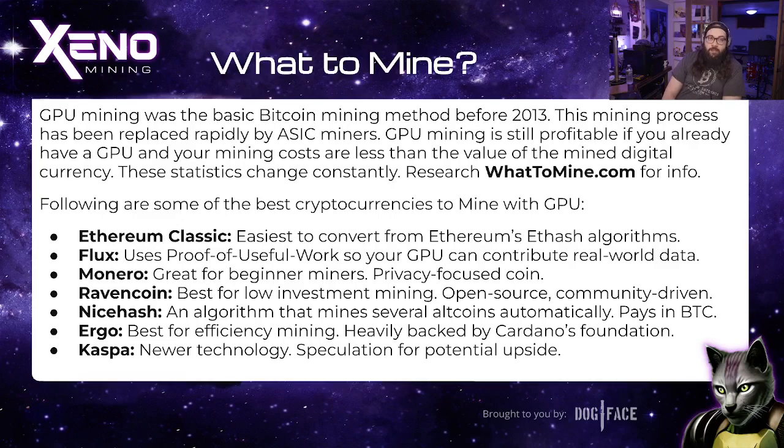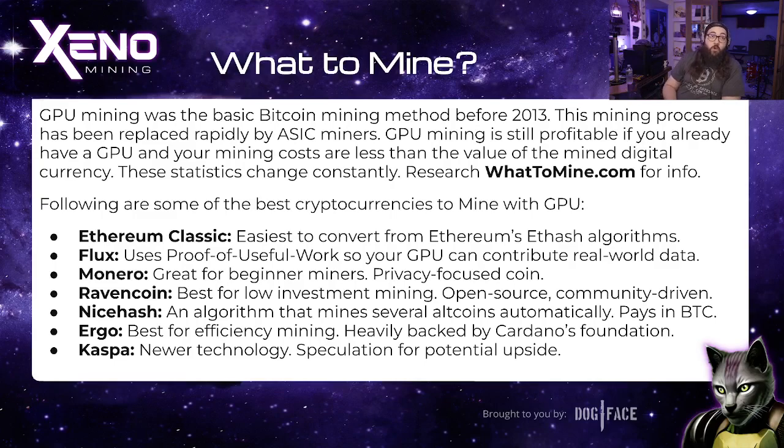I can only imagine what has changed between 2009 and 2013. There's a lot of time for a lot of change. After 2013, that's when we started to get Bitcoin mining ASICs, and they started to really dominate the whole industry. So who's to say that what you're mining today won't be ASIC mineable in the future?